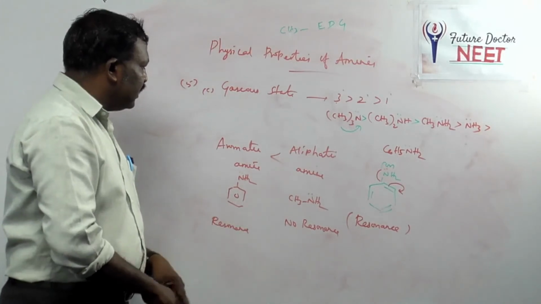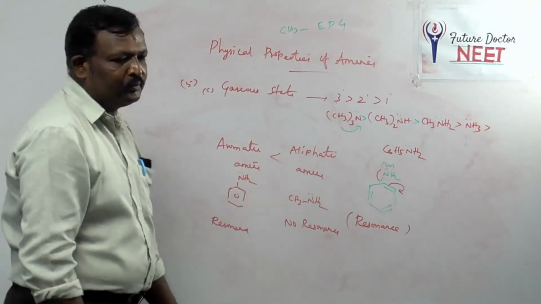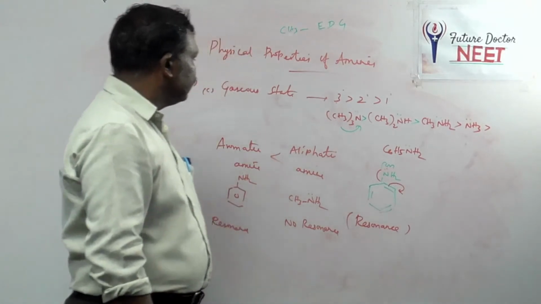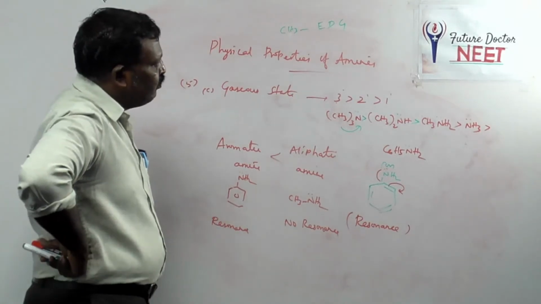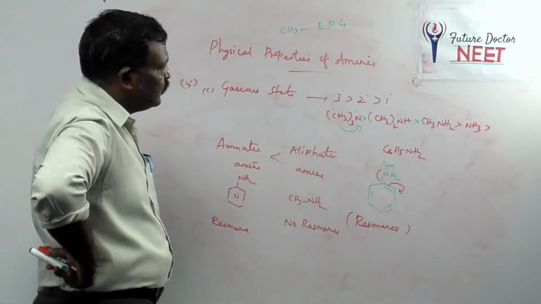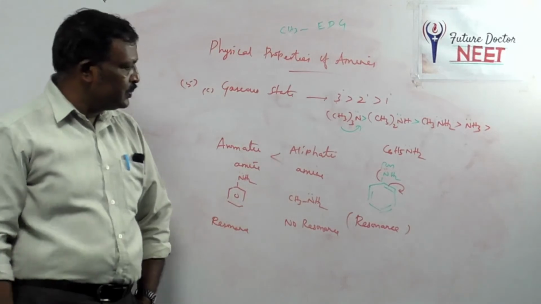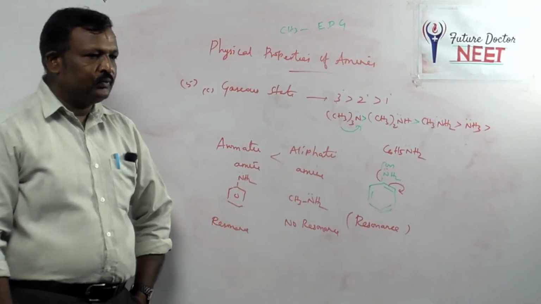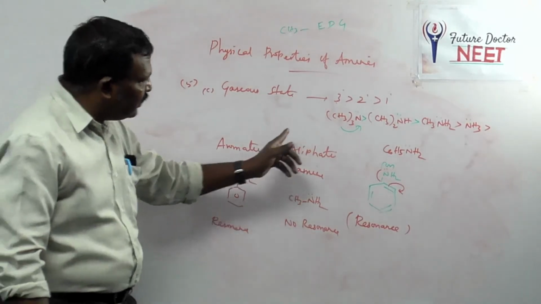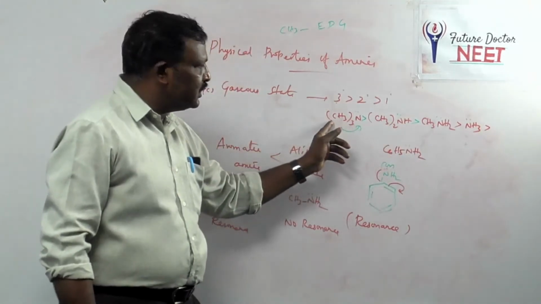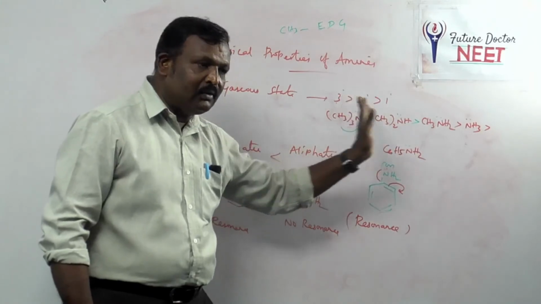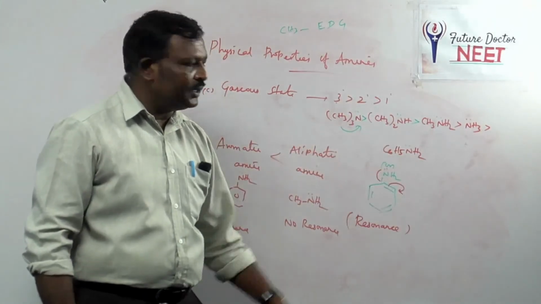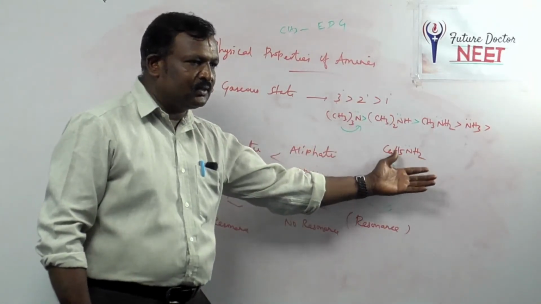That's why it cannot give it to anyone. Next, the trend, just memorize. Tertiary, secondary, primary, then ammonia, then aromatic will come. Aromatic is the least one. Understood?